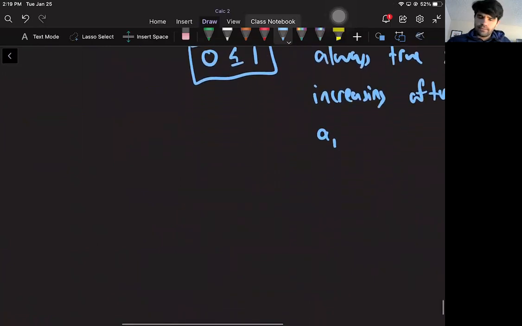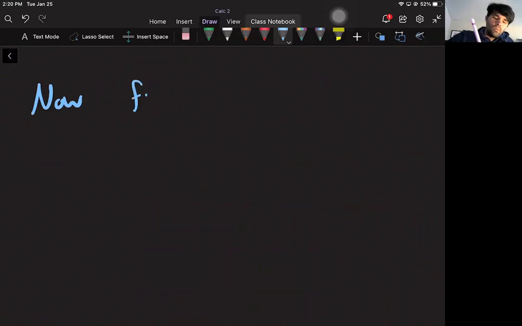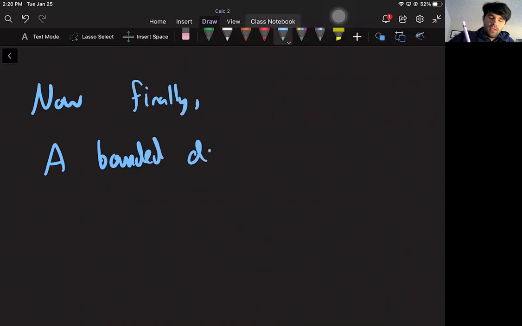Okay. So those are all the increasing, decreasing examples. What do those have to do with convergence? So now we can finally say, after all those examples, that if you have a bounded decreasing sequence, then it must converge.